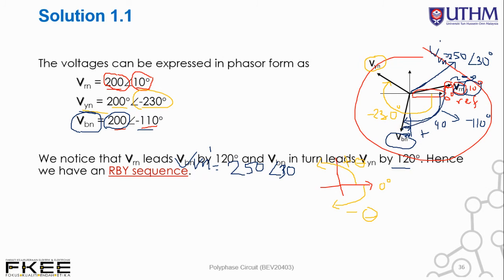Similarly, if you recalculate the position of the angle of VBN compared to VYN, VBN is ahead of VYN by another 120 degree. The drawing itself, or the position of each individual phase, shows that the sequence of the phasor is actually R, B, and Y. All right, so R, B, and Y sequence.